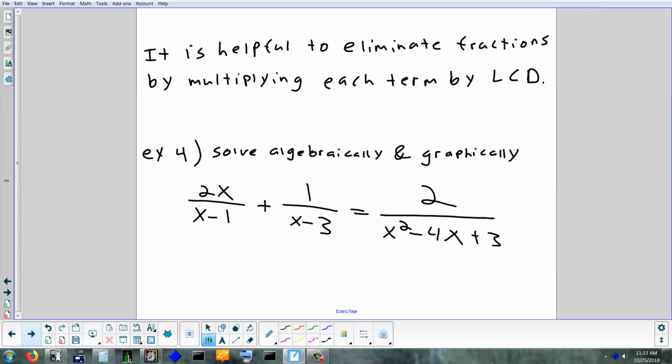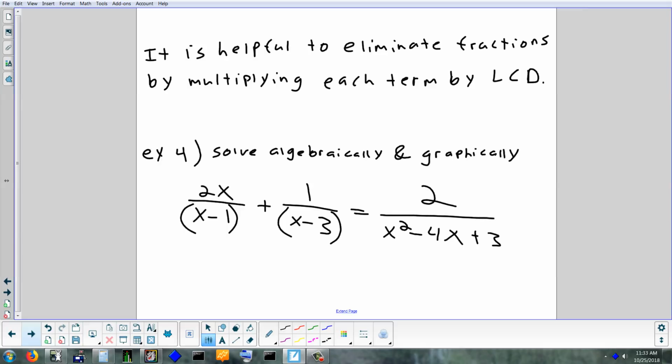Now I want you to kind of notice something. If you multiply the two denominators I have in parentheses together, what do you get? Yeah, that x squared minus 4x plus 3.